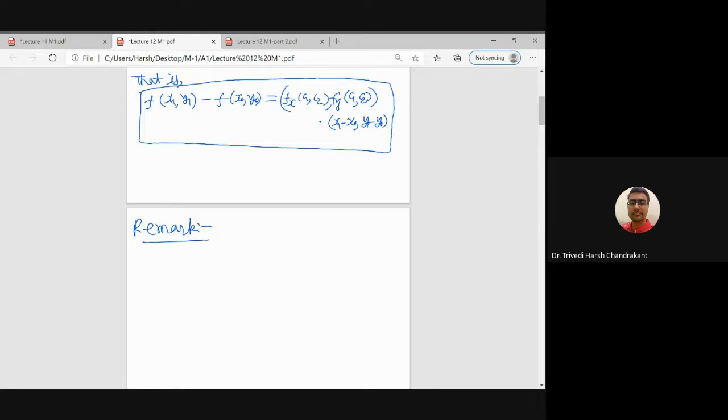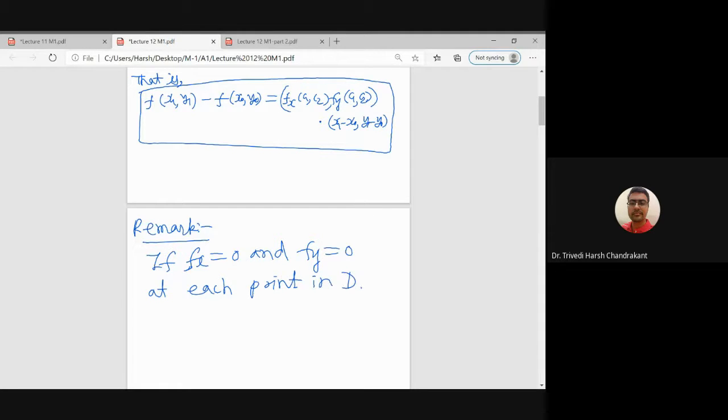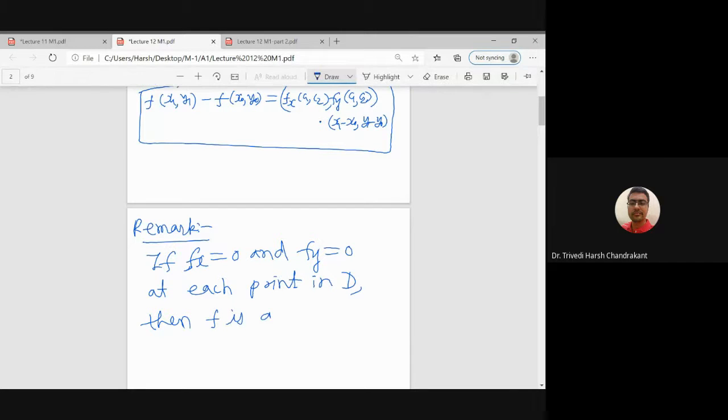So what is the remark? The remark is that if fx is equal to 0 and fy is equal to 0 at each point in the domain, then f is a constant function.